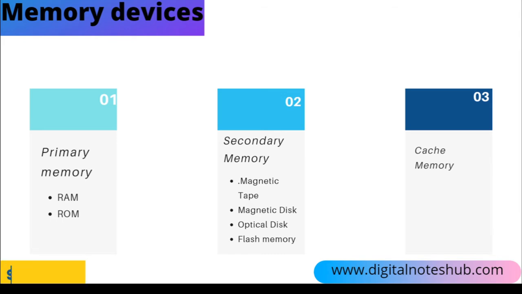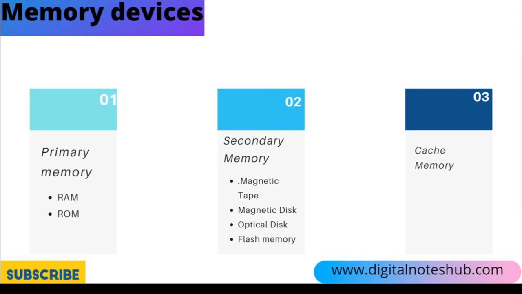As we have discussed, the computer takes instructions with the help of input devices and gives results with the help of output devices. So just think, where are these instructions and results stored? The answer is memory devices. Memory devices are used to store instructions, programs, and results.